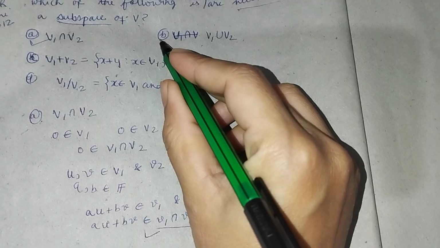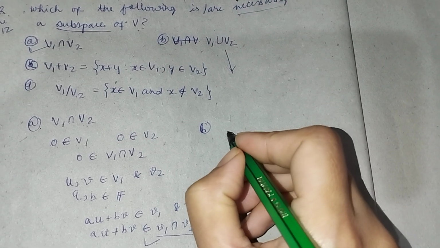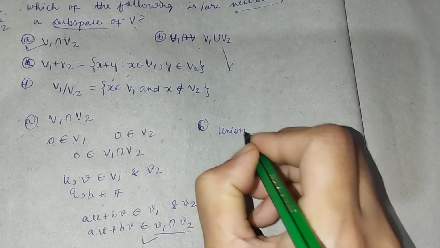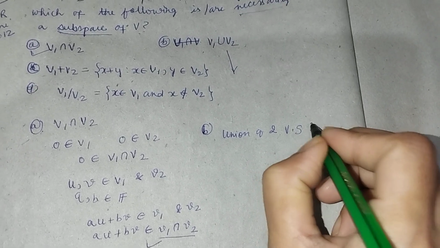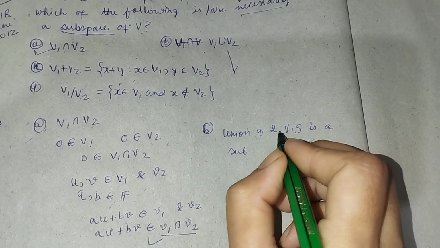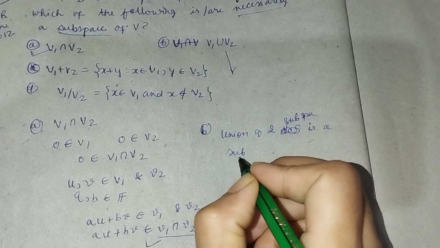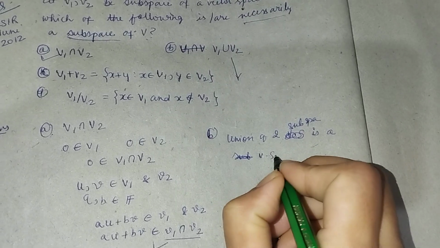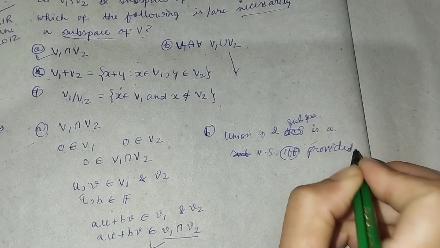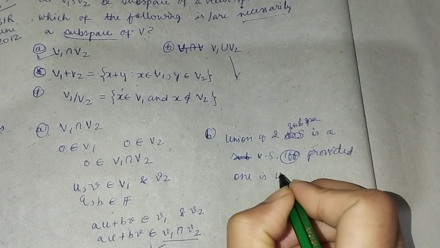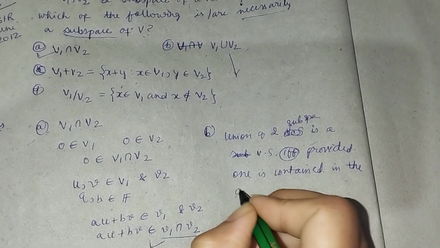Again, for option B, we know that the union of two subspaces is again a subspace if and only if one is contained in the other.